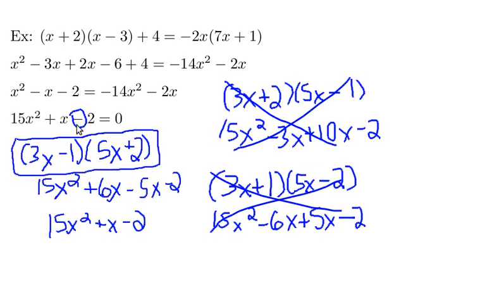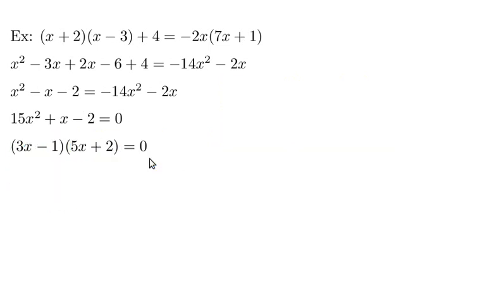I kind of wish now I hadn't put it here, because now I'm going to have to type it out on top of this. But I'll go ahead and write it out and then clear it off. So we have 3x minus 1 times 5x plus 2 equals 0. Now I'll clear all that off.